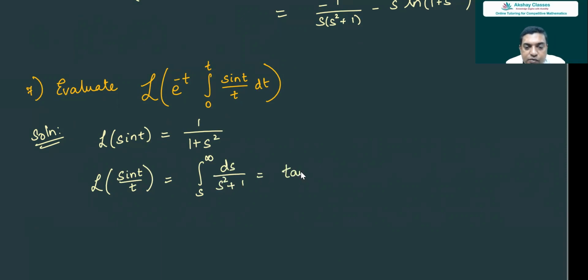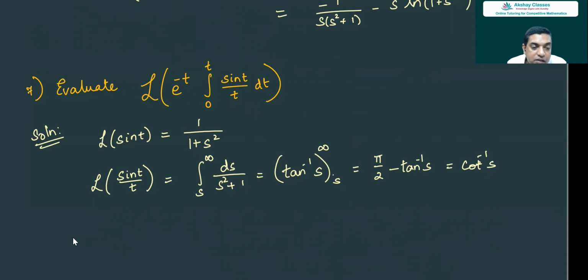So this is tan inverse s from s to infinity. So tan inverse infinity is pi by 2 minus tan inverse s. So you can write this as cot inverse s also.